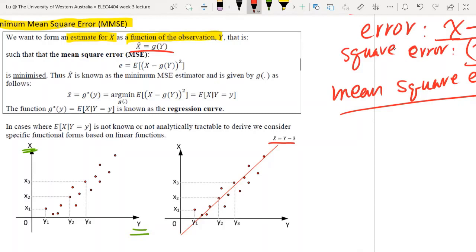Okay, so at a particular moment, you pick up my random variable y, the outcome variable, is equal to y3. Okay, this is the point I pick. At my observation, I have known this value. Based on this value y3, I want to know what is the corresponding best x.